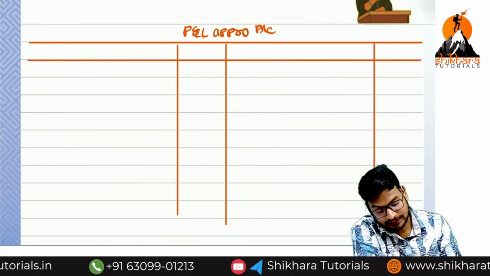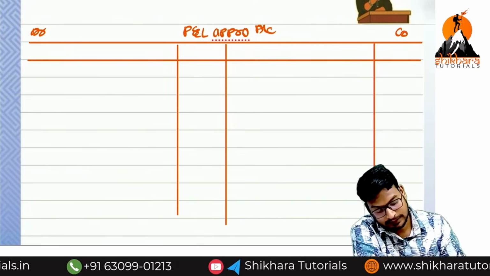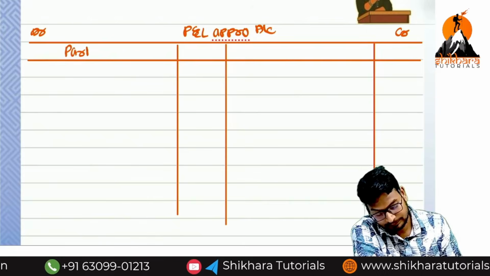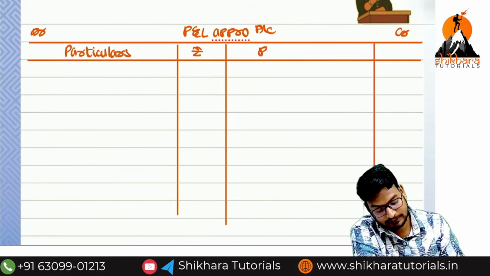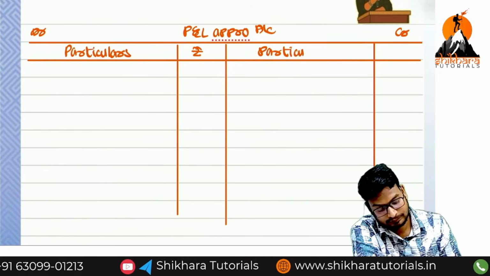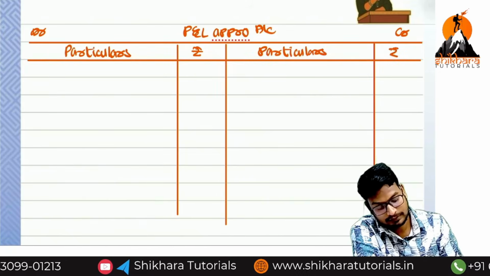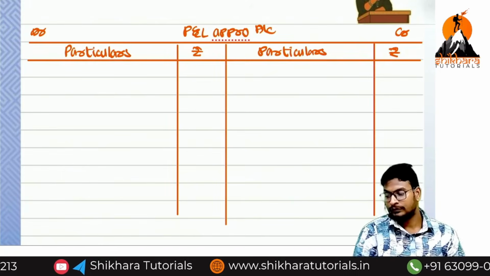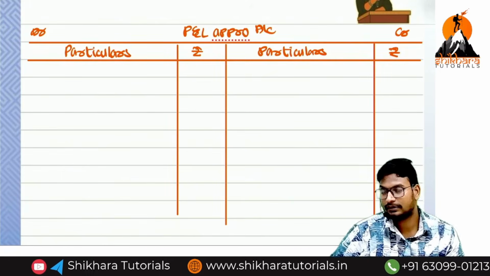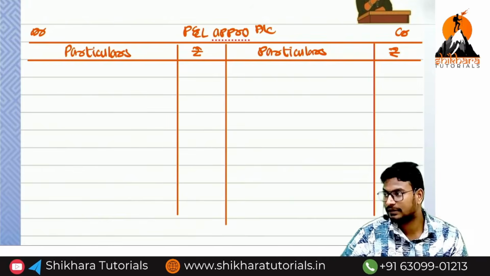P&L appropriation account, particulars, amount. Up to this is sufficient. If you want, you can prepare the balance sheet also.